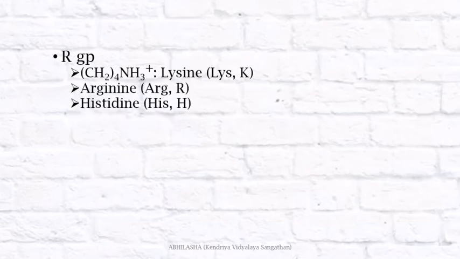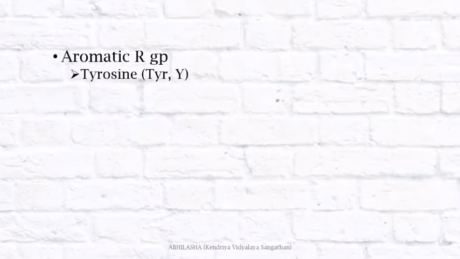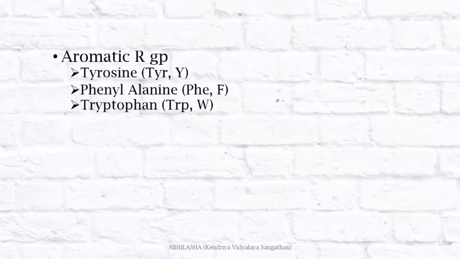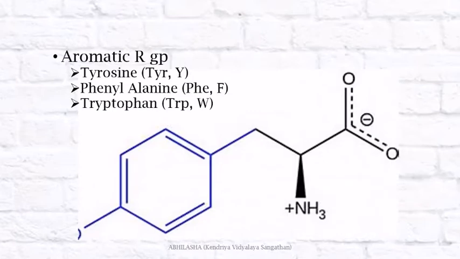The amino acid becomes basic. So based on number of amino and carboxyl group, amino acids are acidic, basic, and neutral. Similarly, there are also aromatic amino acids such as tyrosine, phenylalanine, and tryptophan.